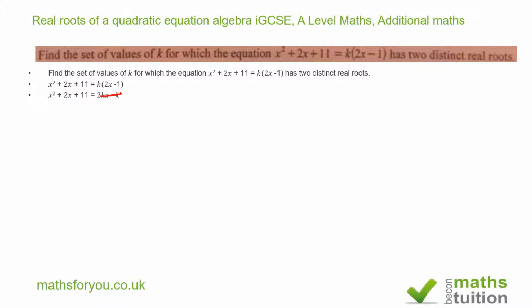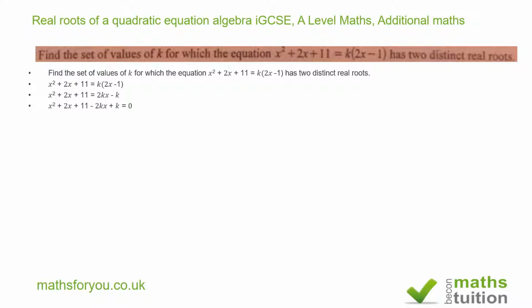When you open the brackets, you get 2kx minus k. And when that goes across, the sign will change. So 2x minus 2kx, and minus k then becomes plus k. I hope that's making sense there.